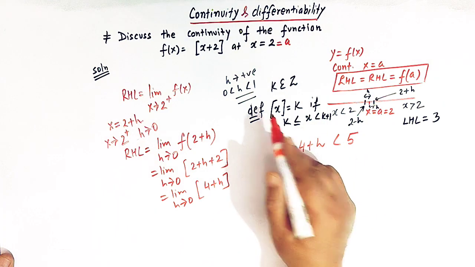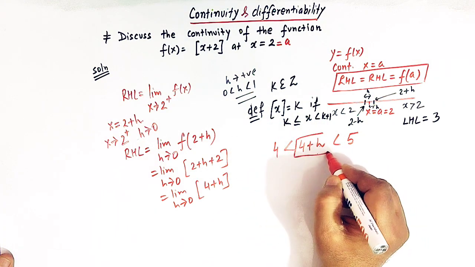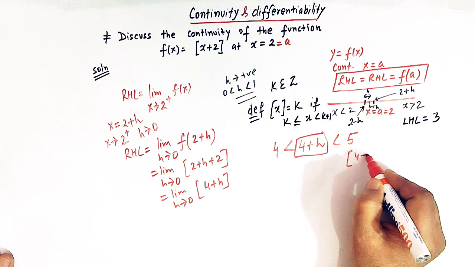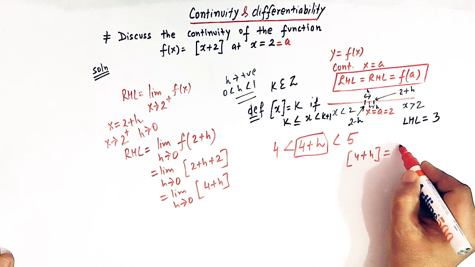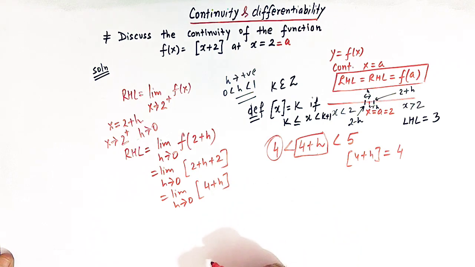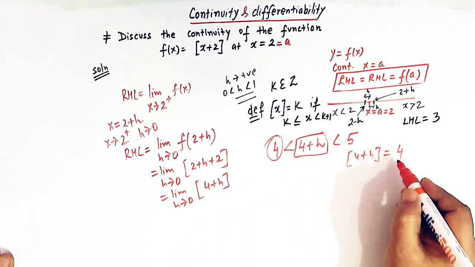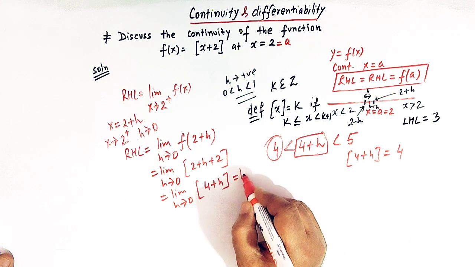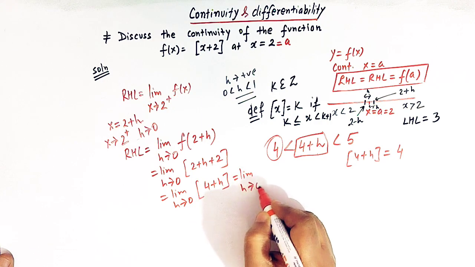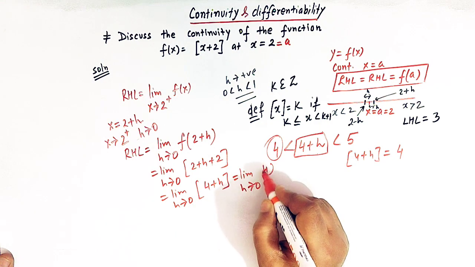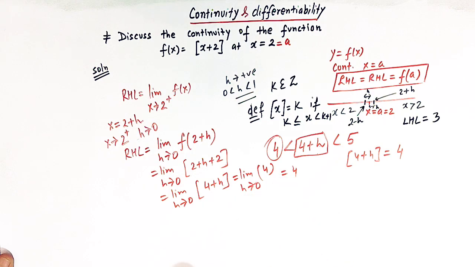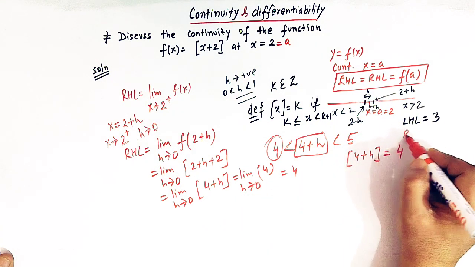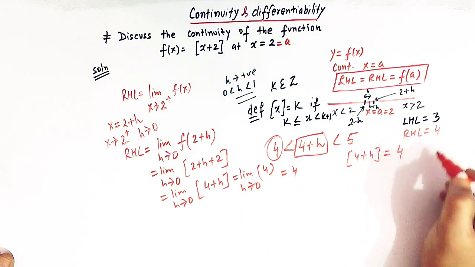So by the definition, the greatest integer of 4 plus h should be equal to 4. So here we have limit h tends to 0 of 4, which is equal to 4. So the right hand limit is equal to 4.